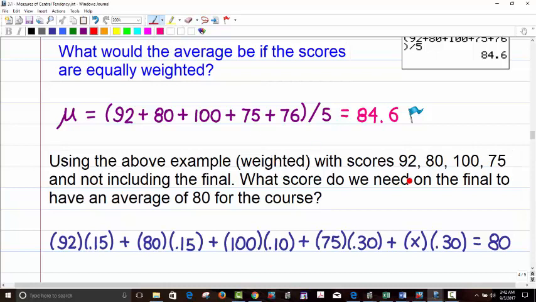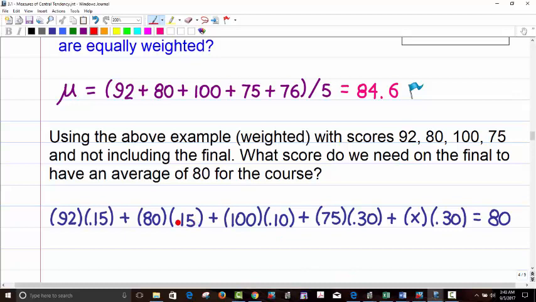So we have the same scores except for the final. We're saying, what do we need to have an 80 average? Obviously that's the minimum, so we're saying 80 or higher. What's the minimum score to have an 80? So all we do is take that same equation, except this time we're trying to get it to add up to 80.